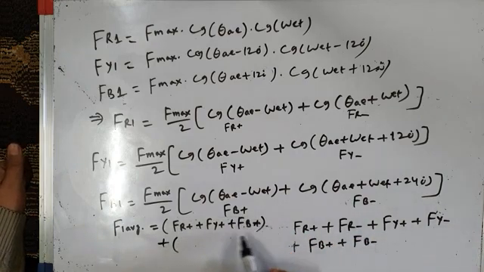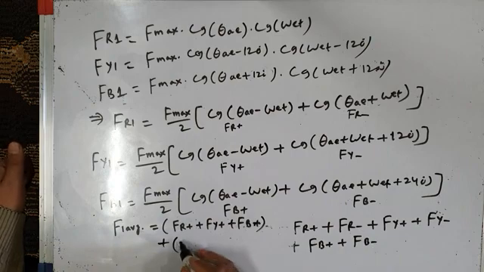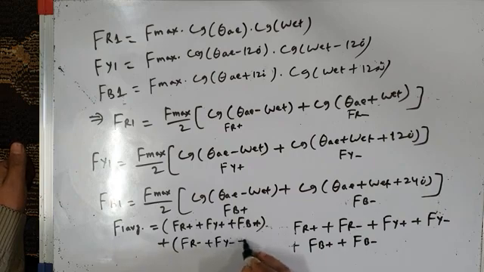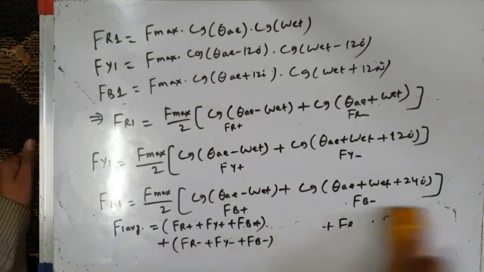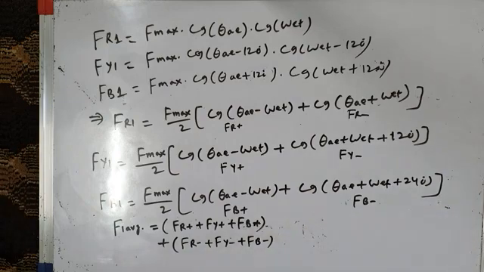Clockwise rotating components I am putting together, and counterclockwise rotating components I am putting together: FR minus plus FY minus plus FB minus. So my total MMF, or total magnetic field in the air gap, is equal to FR plus, FY plus, FB plus, plus FR minus, FY minus, FB minus.